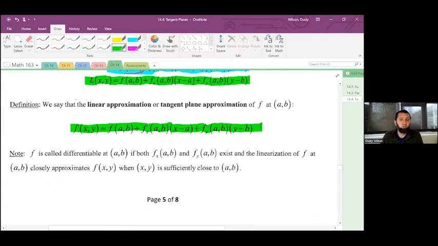And note, f is called differentiable at (a, b) if both the partial derivative of f with respect to x at (a, b) and the partial derivative of f with respect to y at (a, b) exist, and the linearization of f at (a, b) closely approximates f of (x, y) when (x, y) is sufficiently close to (a, b).